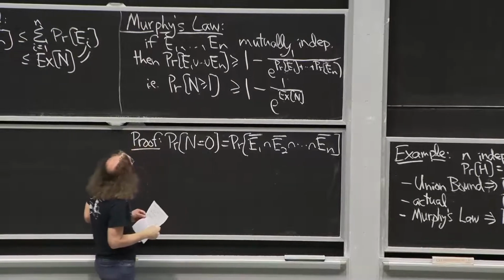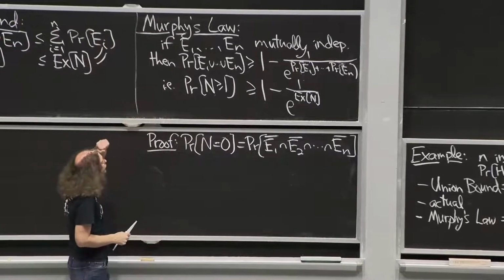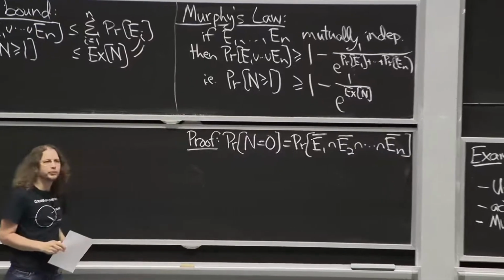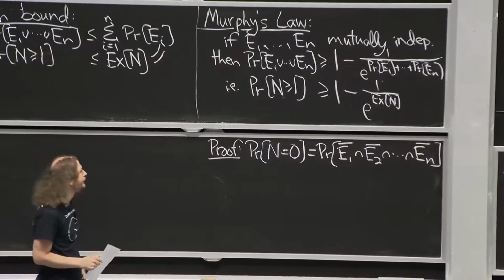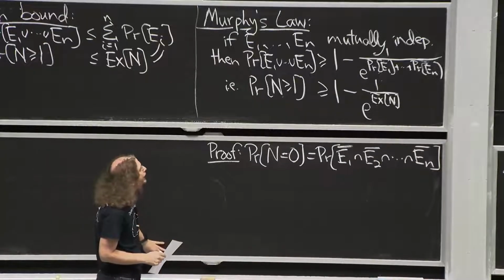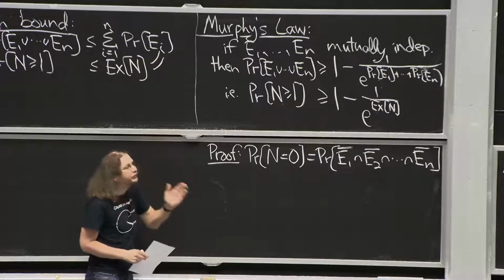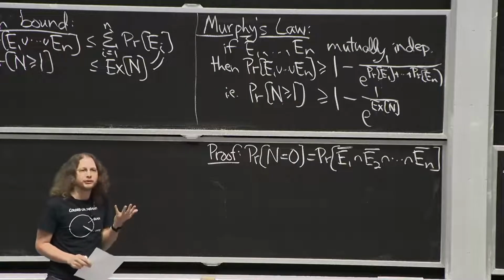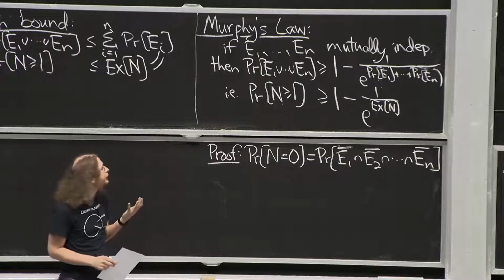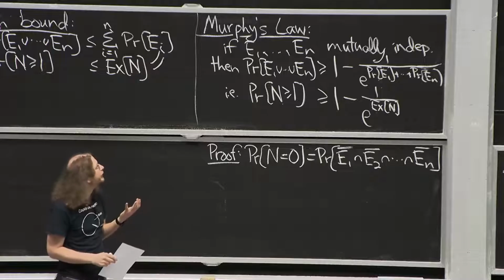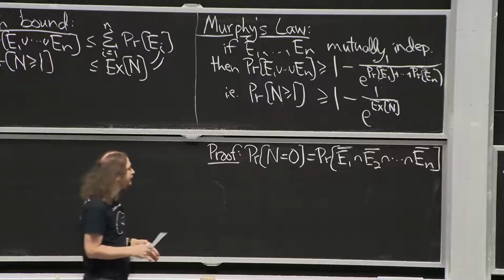Well, the EIs are mutually independent. And one of the things we mentioned and maybe proved in recitation, I forget, back when we were doing the independence lecture, is that if events are independent, then also their complements are independent. If E1 and E2 are independent from each other, then E1 complement is independent from E2 complement.